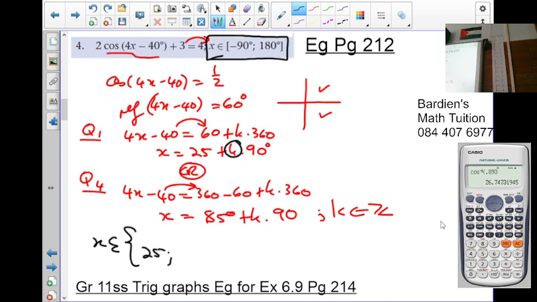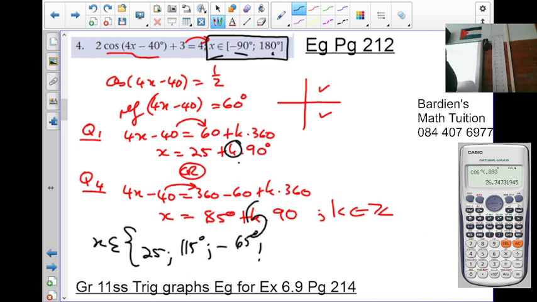If I put 1 through there, what do I get? 115, which is in this given domain. We're going to put 2 in? Outside. 205 is outside. Let's put minus 1 in. Negative 65, which is inside. Put minus 2 in, which is definitely outside. You guys understand?